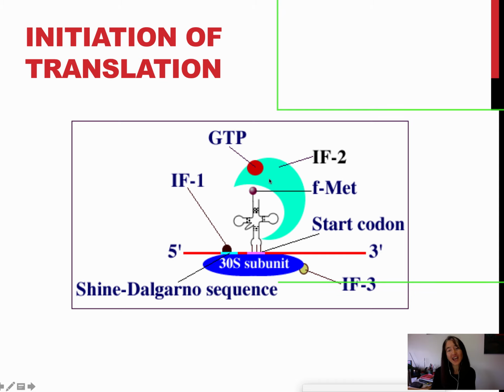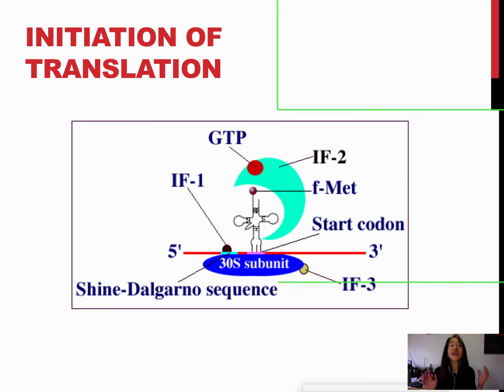IF2 is kind of like, I think about it as being like the adapter to allow that fMet-carrying tRNA to bind to the AUG start codon. IF2 also has a high energy GTP bound to it, so that can be hydrolyzed to power the initiation phase of translation.